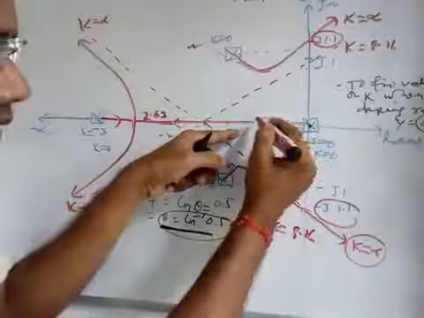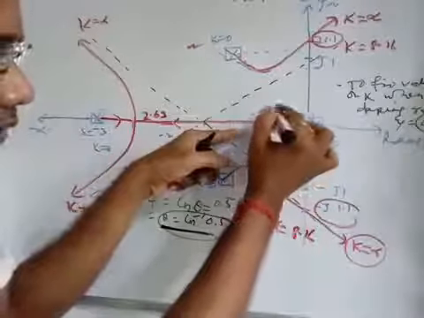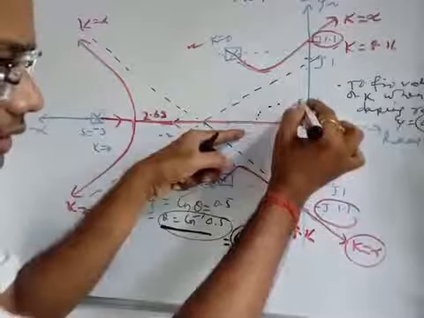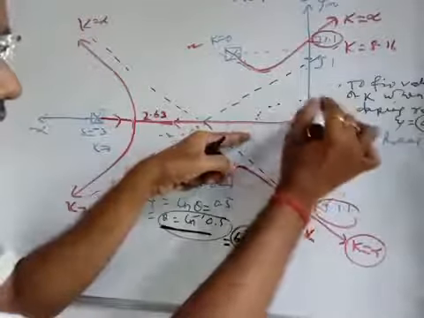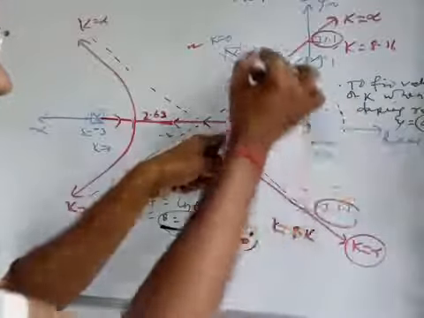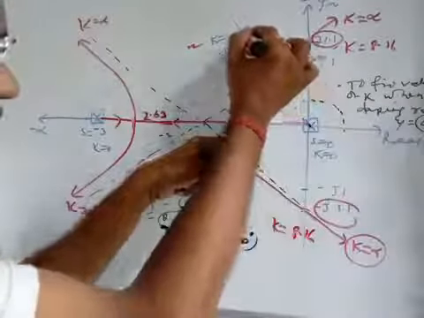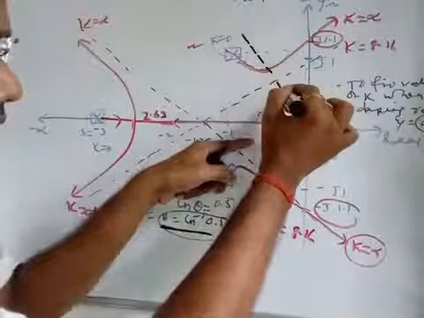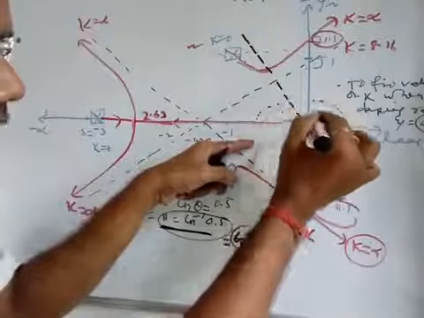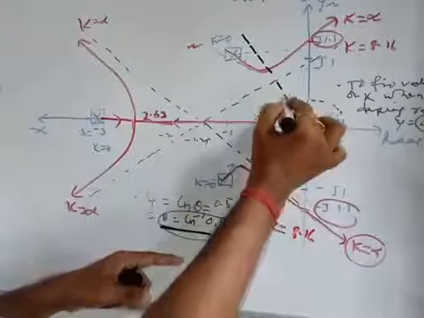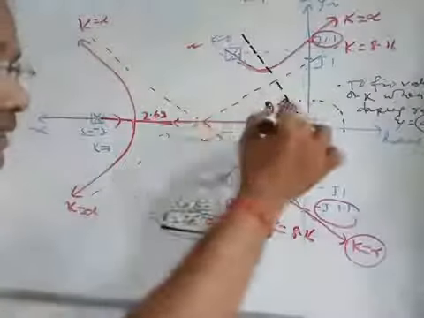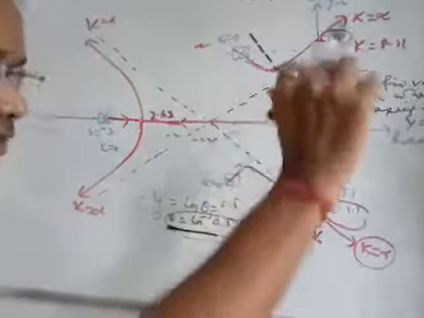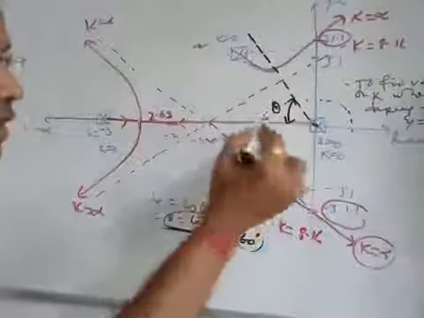Just put the protector here. At this point, I am making an angle of 60 degrees. This is the angle theta, and this angle is measured in the clockwise direction with respect to the horizontal axis.